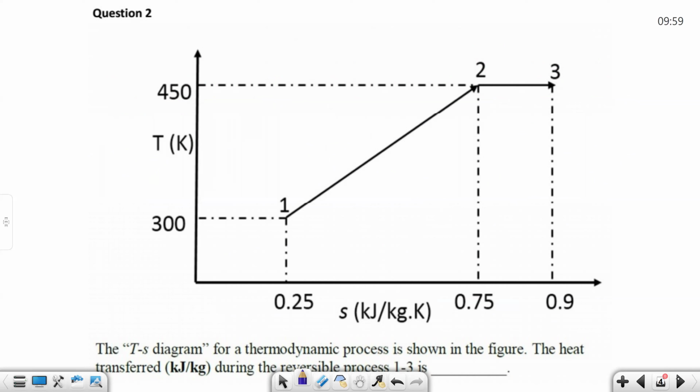So we know that the area under the TS diagram is equal to the heat transfer during the process.